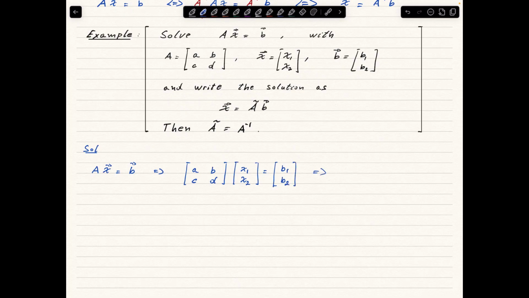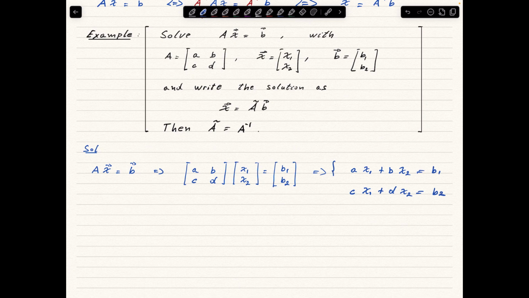If we write this in the old way, by doing the matrix vector product that we have here, we get two equations, and the first equation is a multiplied by x1 plus b multiplied by x2 equal b1, and c multiplied by x1 plus d multiplied by x2 equal b2.